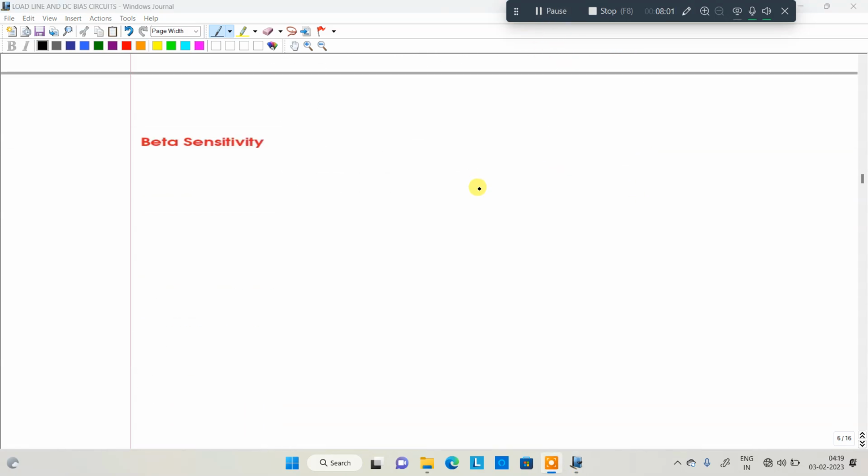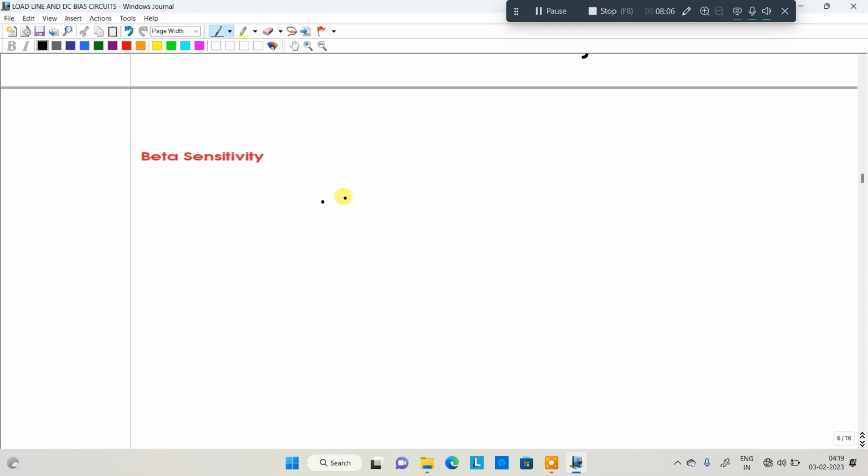Beta sensitivity is represented by K beta, which is equivalent to beta by IC into DIC by DIB. We are going to discuss these two formulas for each and every bias.